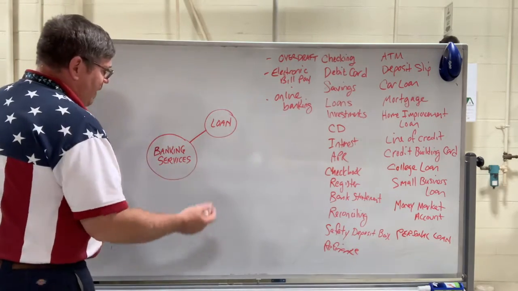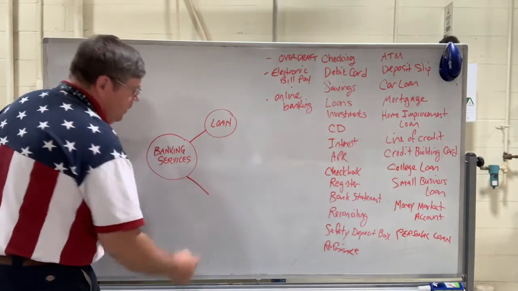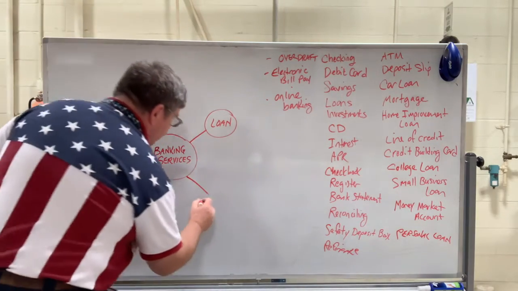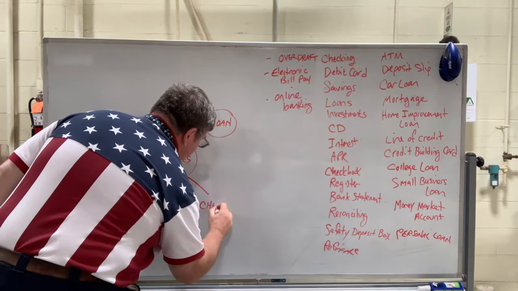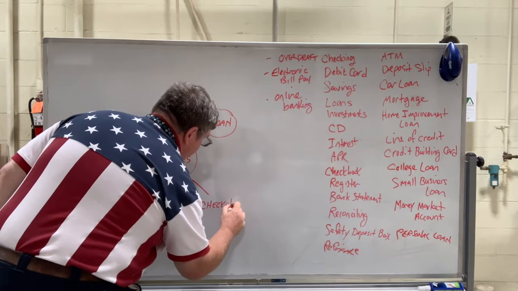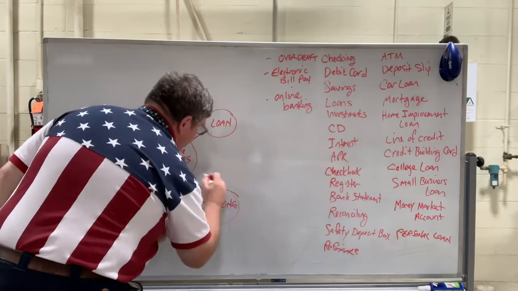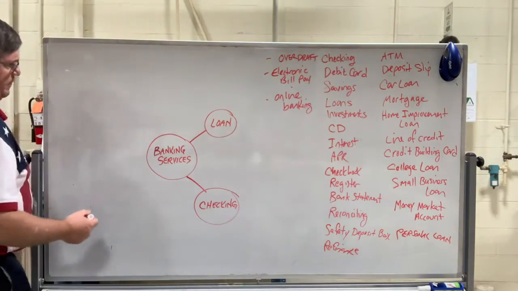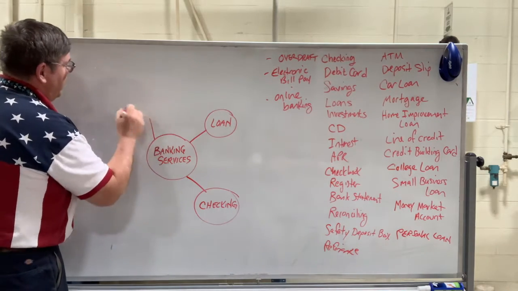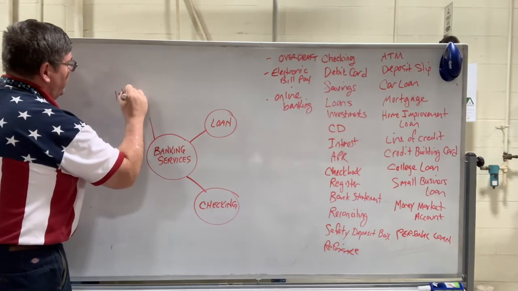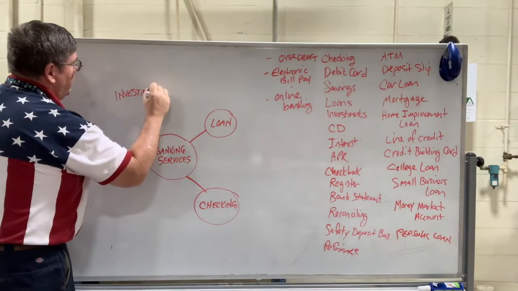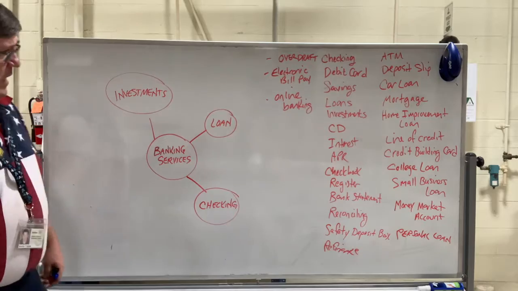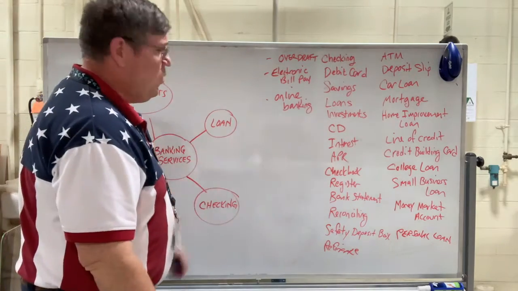I can go with checking. That's huge. So that's a checking account. We can do investments. And loans is huge.